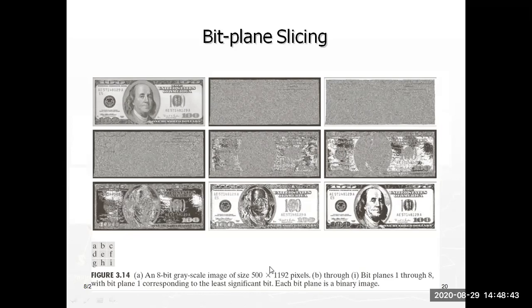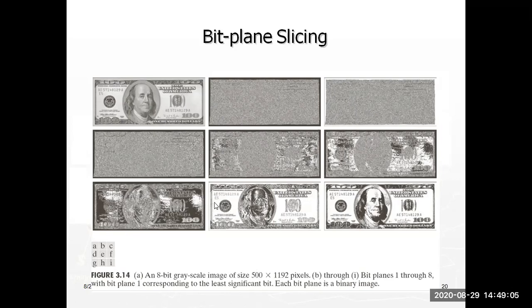If you observe A, B, C, D: A is the original image, B is after changing one bit plane, C is after changing another bit plane, D is after the next, and E is after changing another bit plane.